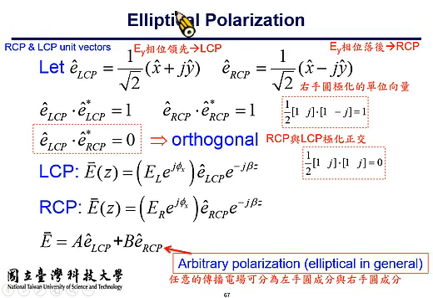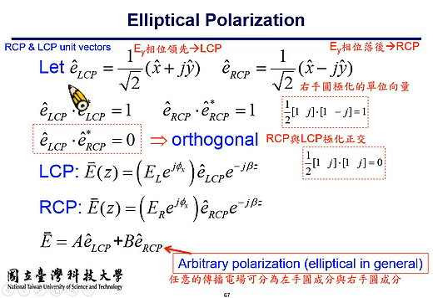Here is another interesting thing about right-hand circular polarization and left-hand circular polarization. If we use X and Y, two orthogonal linear polarizations, the addition of X and Y components with proper phase delay can be used to synthesize right-hand circular polarization and left-hand circular polarization.